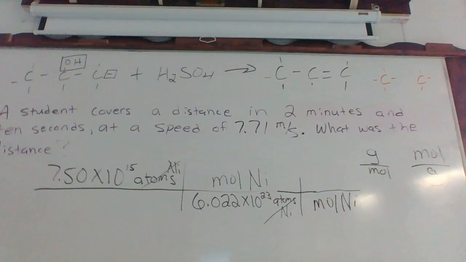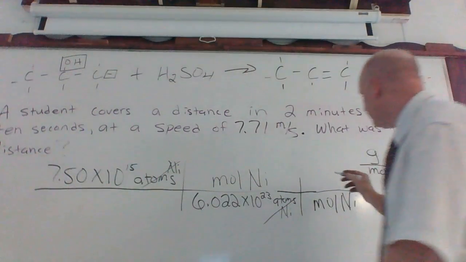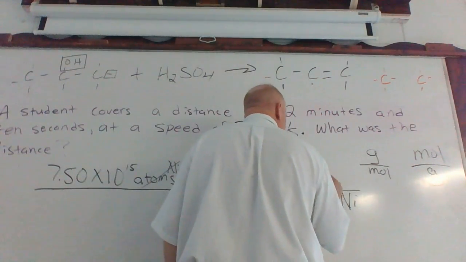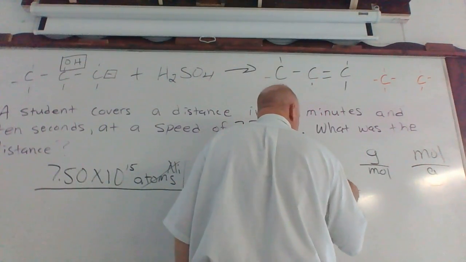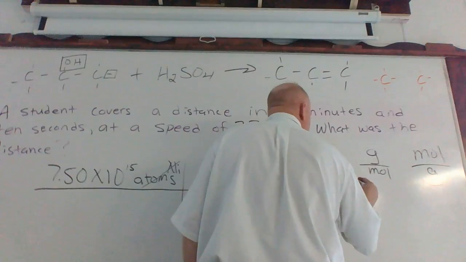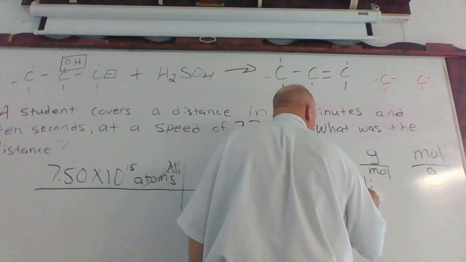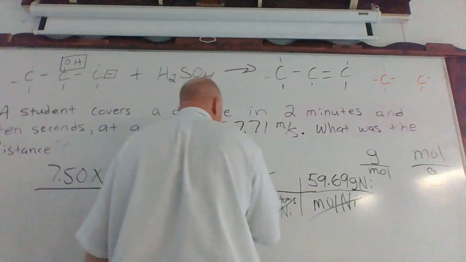How many grams of nickel are in a mole of nickel? You got that from the periodic table. Yes, 59 point. That's grams of nickel. So these are gone.